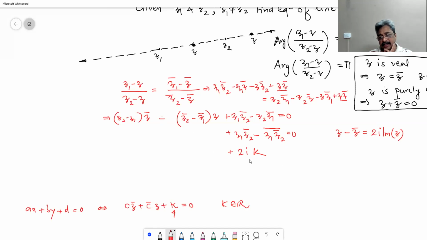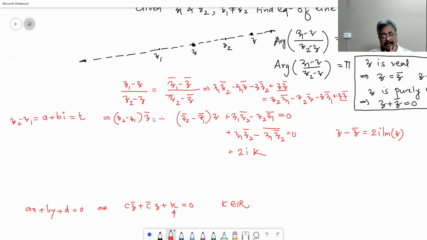And I end up getting something here which is bad, which has an imaginary part. So let me check what I can do. I can multiply everything by i. Let z2 minus z1 be equal to a plus bi, which is equal to t for me. Suppose this is a new complex number t.